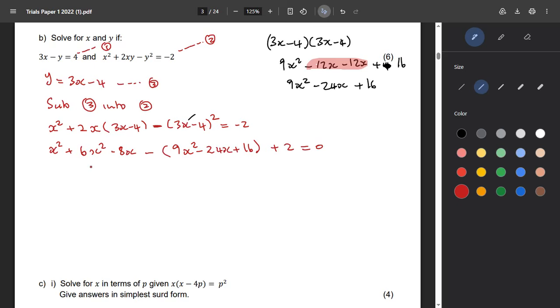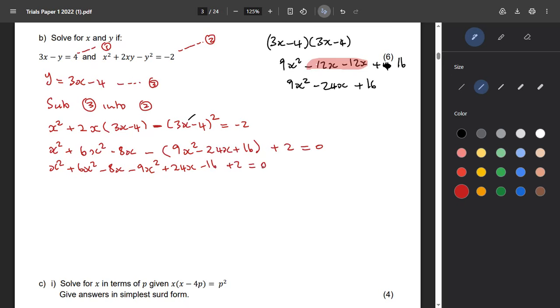Okay, so what's next? I'm going to focus on trying to multiply out that bracket by negative. So this will be minus 9x squared. Then this will be plus 24x minus 16 plus 2.